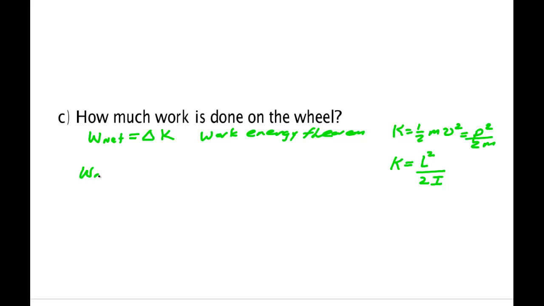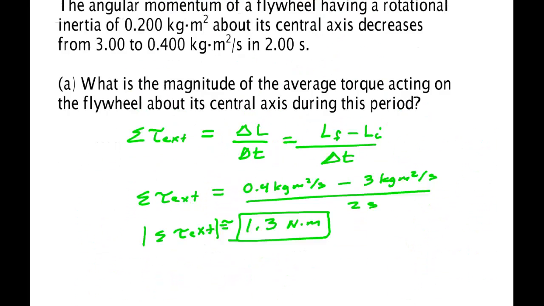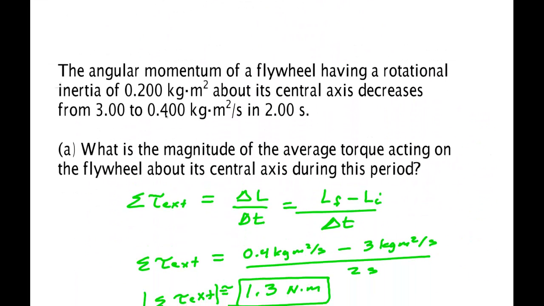So W net is equal to 1 over 2I times L final squared minus L initial squared. W net is 1 over 2, and I need the moment of inertia. Let's go up and see what it says that was. It says the moment of inertia was 0.2 kilogram meter squared.